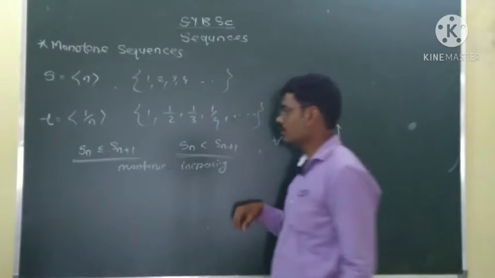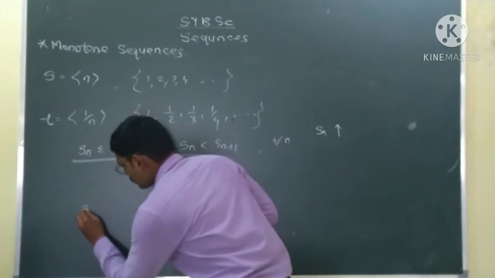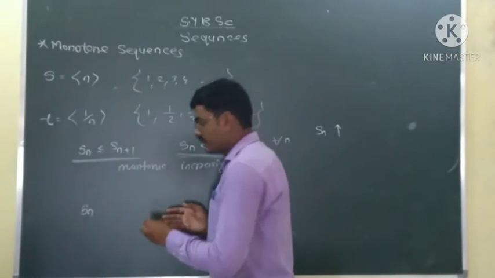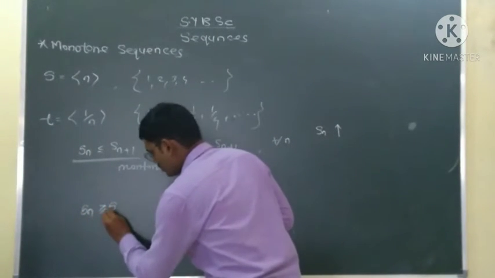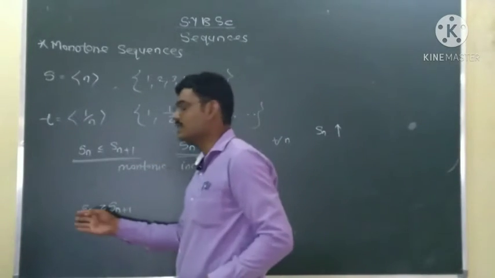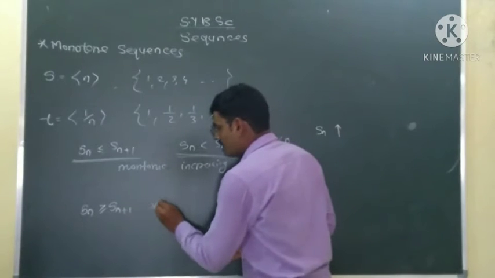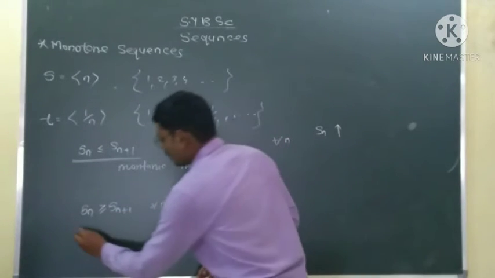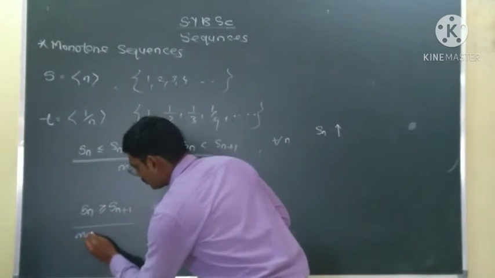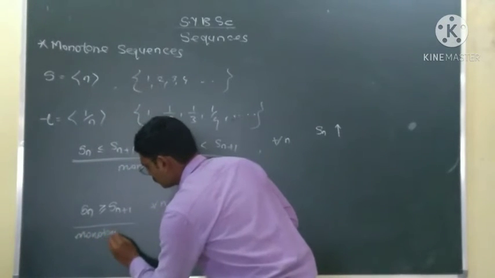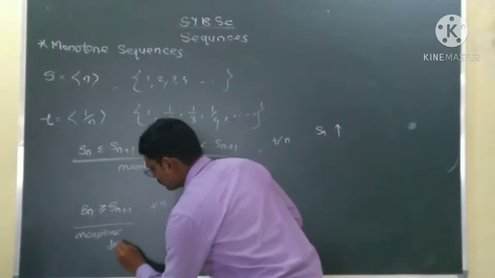If Sn is greater than or equal to Sn plus 1, that is, the previous term is greater than or equal to the upcoming term, for all n, then the sequence is monotonic decreasing.